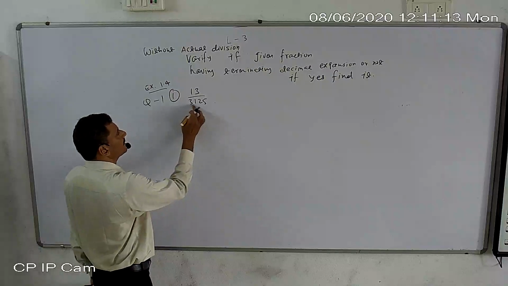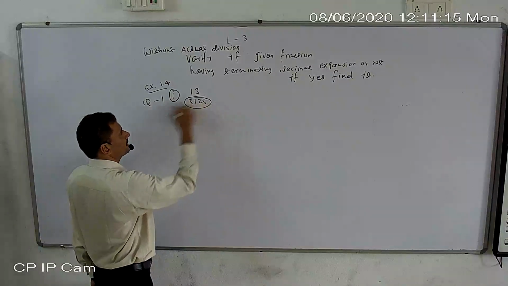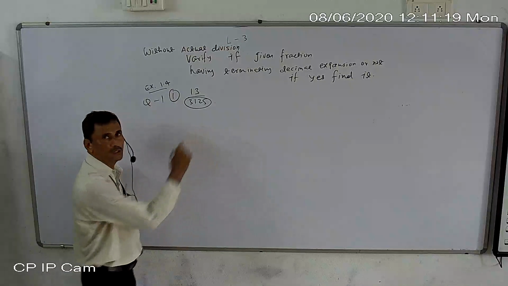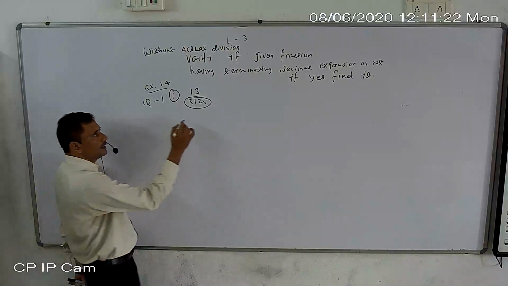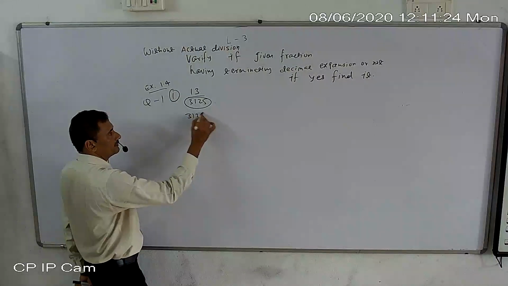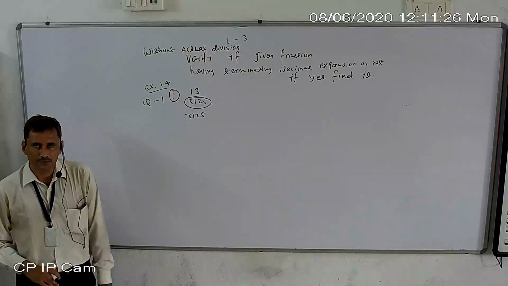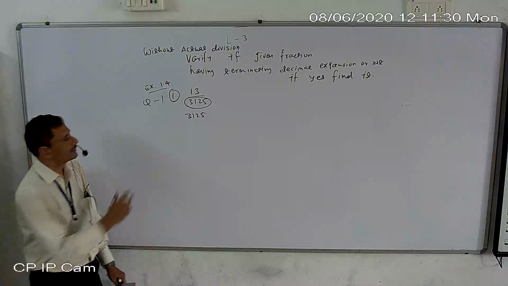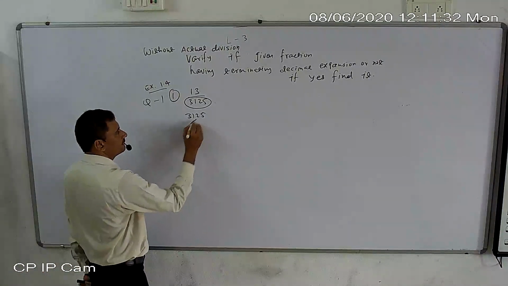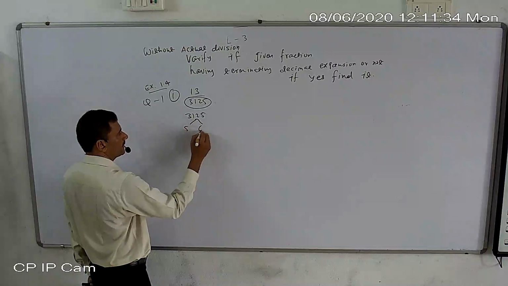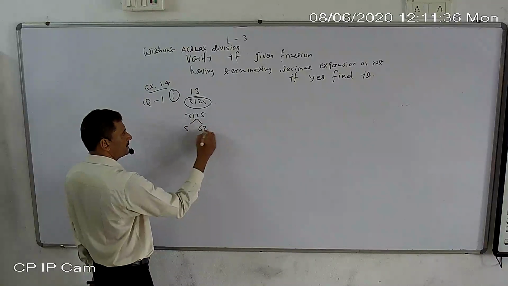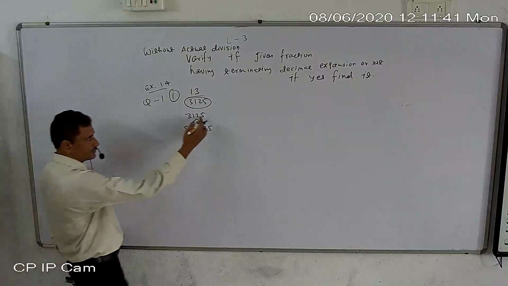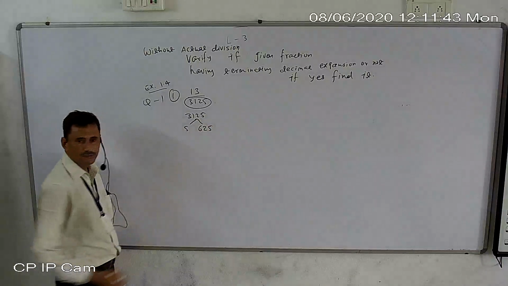Then get the prime factorization of the denominator only. Don't look at the numerator now. So write down 3125. As in yesterday's topic, just find the prime factorization of the denominator. So it will become 5 into 625. Why? Because the last digit is 5, so it is divisible by 5.